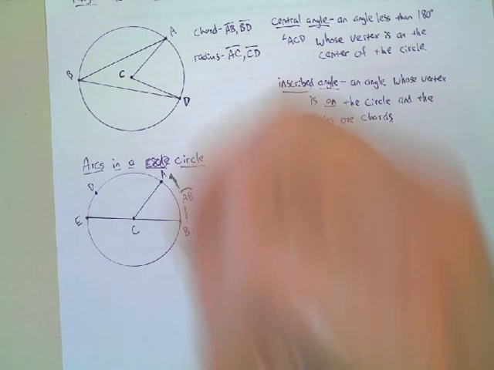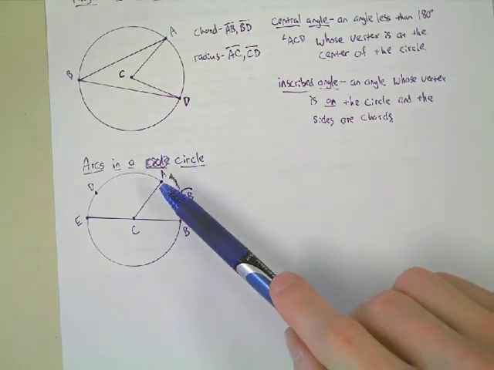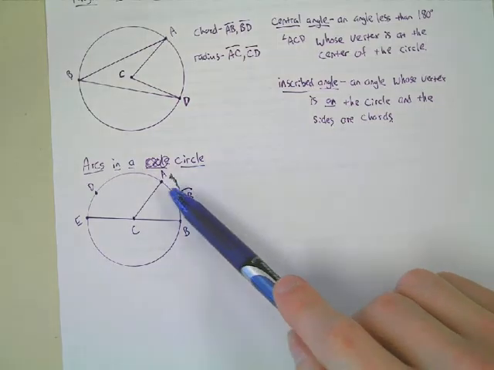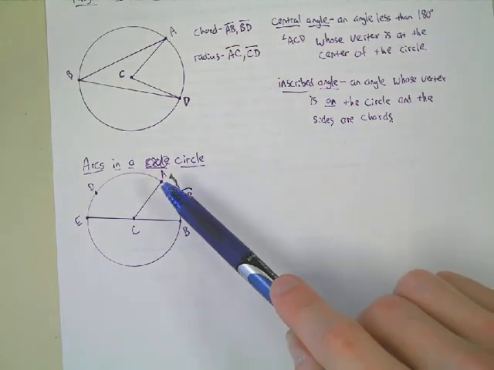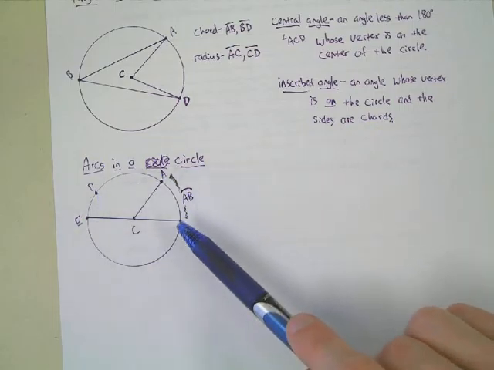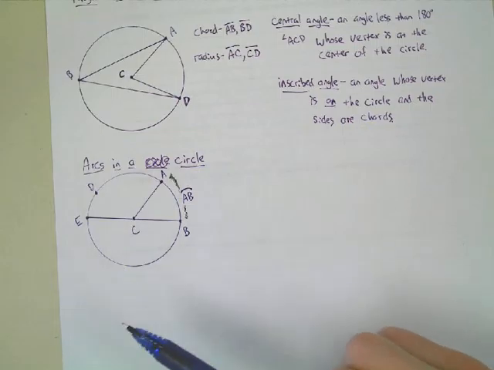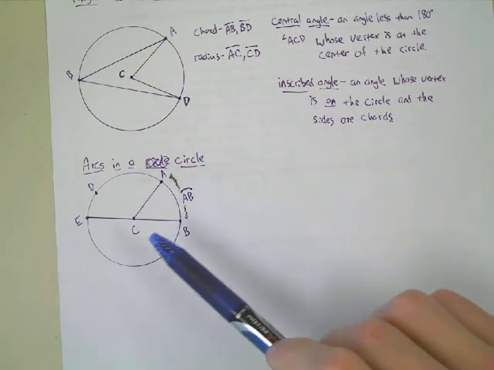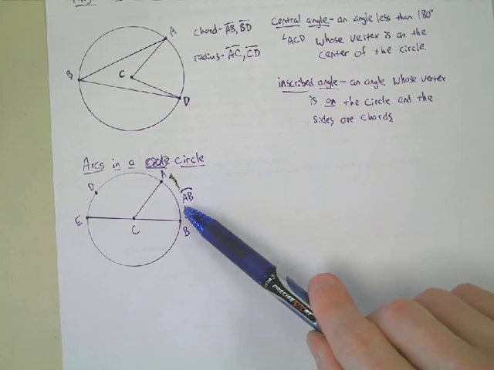Now, some of you maybe are thinking, Mr. Whitmire, if we talk about arc AB, we could talk about this arc, but why isn't it all the way around this way? Why isn't that arc AB? There are points in between. When we name an arc with only two letters, we always go for the shorter path.